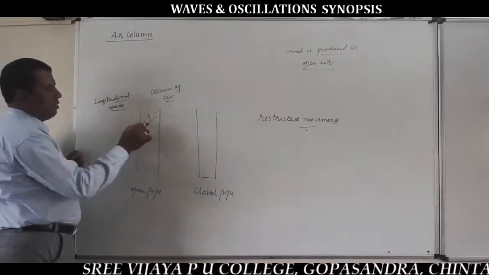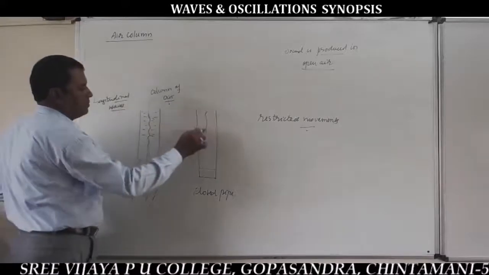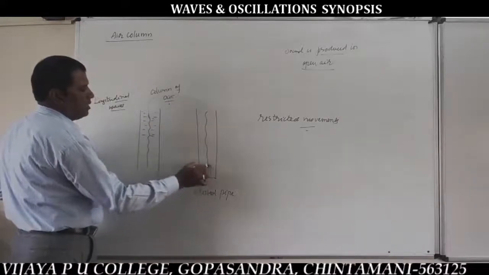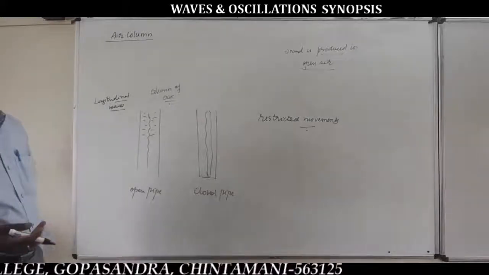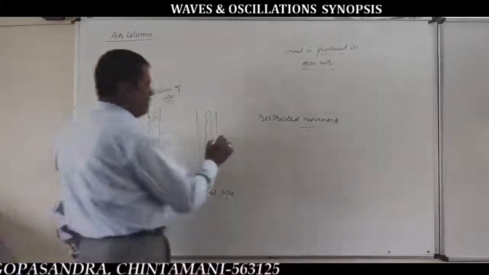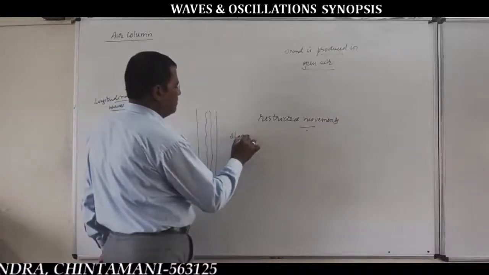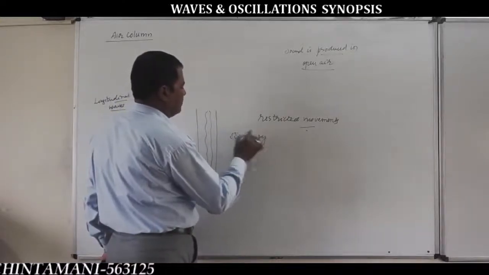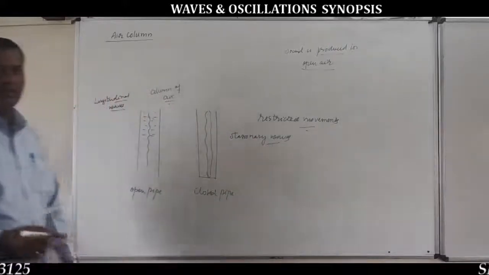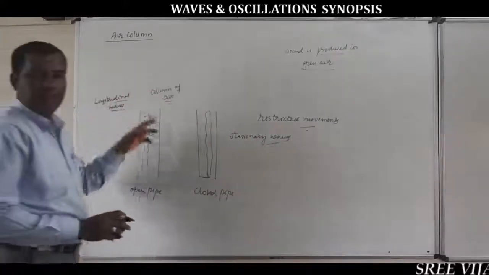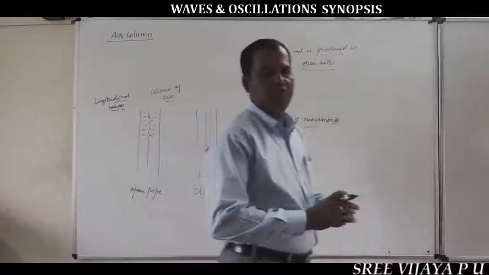And these longitudinal waves will travel to this fixed end, and there is a reflection. So due to superposition of both the incident and reflected waves, there is generation of stationary waves in the open pipe or closed pipe.